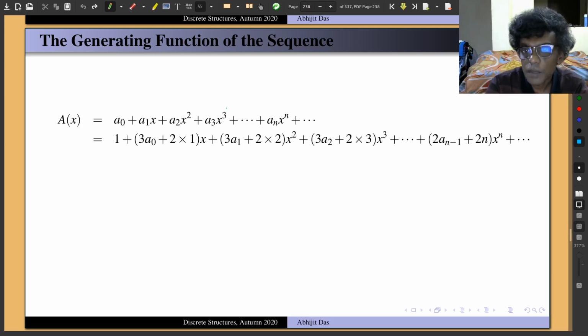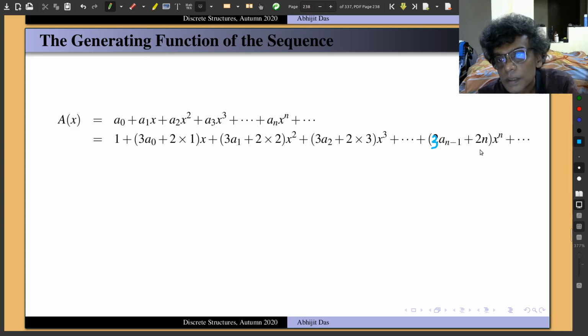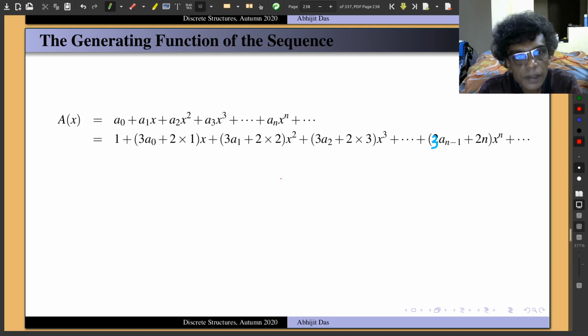I think this is a mistake. It should be 3. Let's correct it: 3An minus 1 plus 2n. So I make only one substitution, and then you see that something has happened.